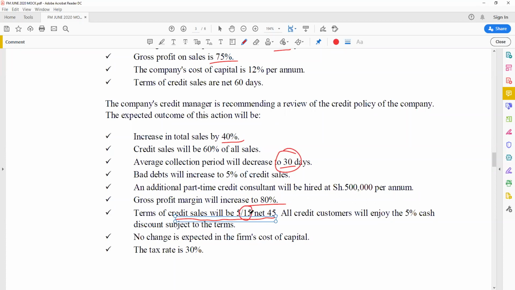How do you think we're going to approach this to know what percent of the customers who are on credit, the credit sales of the company, and 60% will take the discount? We have an idea on how we're going to approach this.